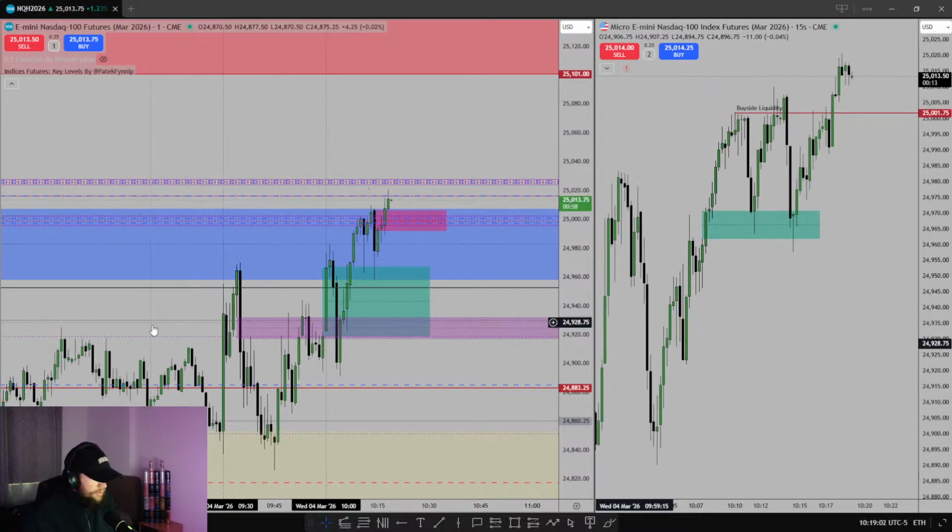But because we are in kind of seek and destroy profile conditions, it can still wick below the mean threshold here and not be as clean as it usually would be, and then trade higher from there.